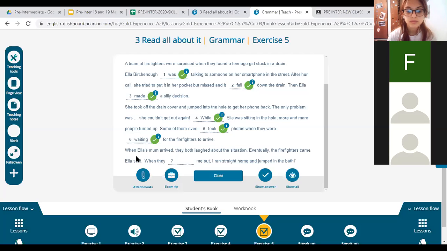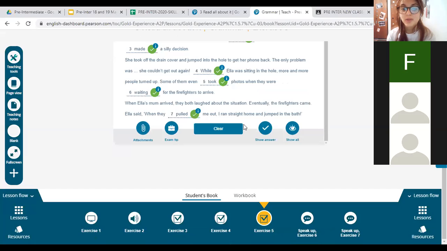When Ella's mom arrived, they talked loud about the situation. Eventually, the firefighters came. Ella said, when they pulled me out, I ran straight home and jumped in the bath. I will help you here. When they pulled me out.